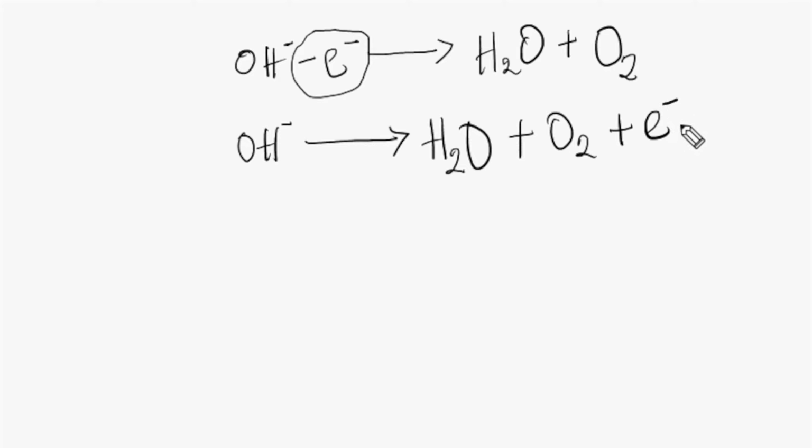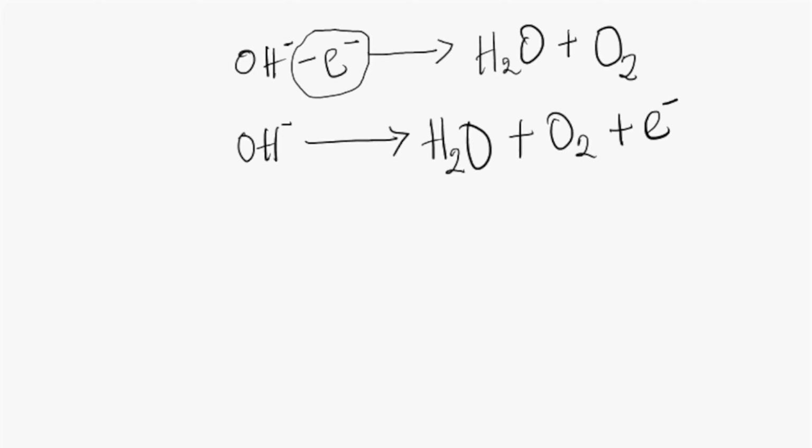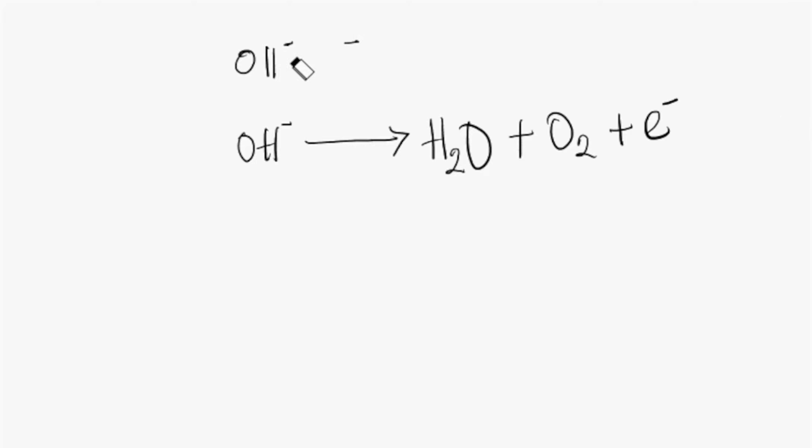But guys, notice that this expression is not balanced, so we have to go ahead and balance it. How do we do that? We need to check how we can balance not just the elements, but also the electrons.